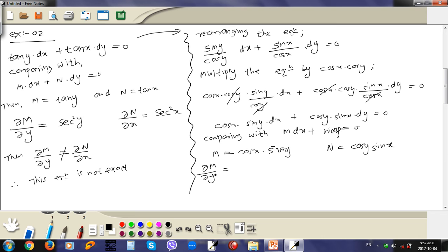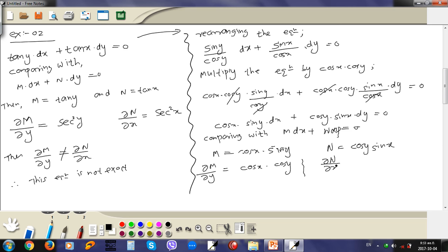If we differentiate with respect to y, x is constant, so we write cos x as it is, and the derivative of sin y is cos y. So ∂M/∂y equals cos x cos y.